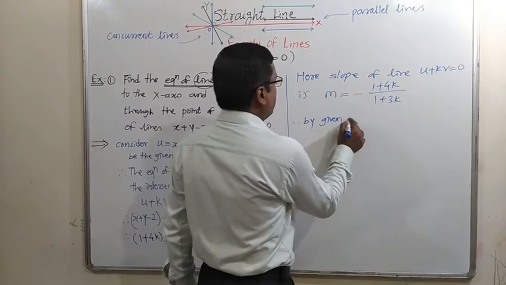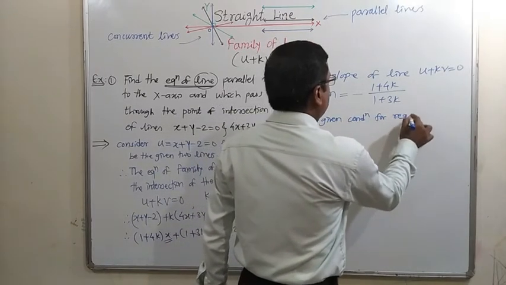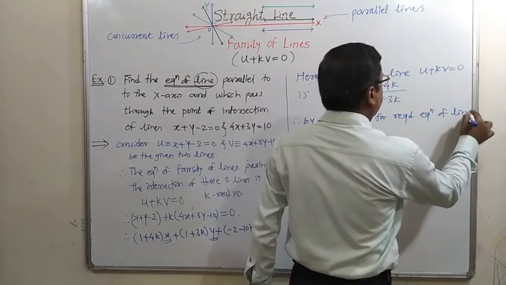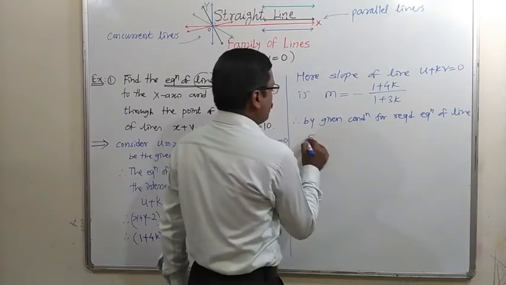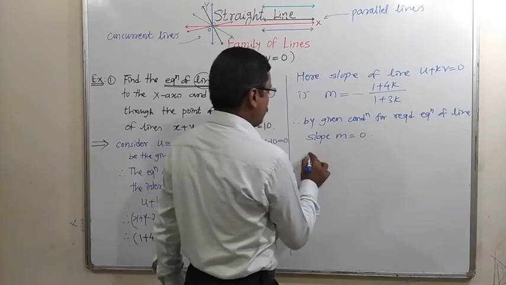for the required equation of line, slope m equal to 0.